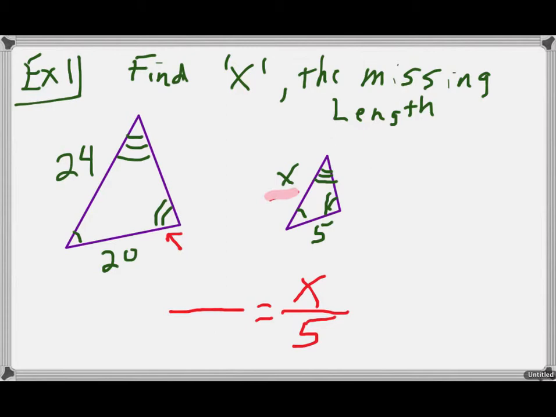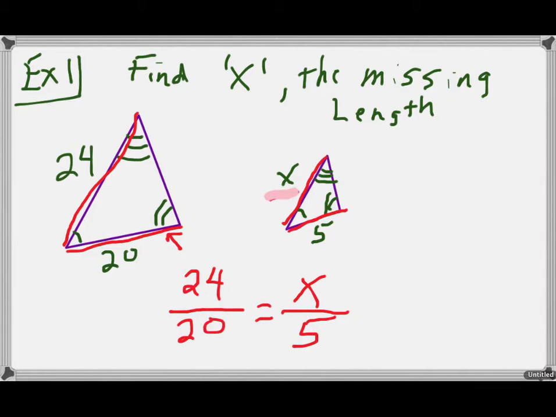Now the corresponding side of x would be 24. If you notice where the angles are in both triangles, they're in the same location. So I'm going to write 24 here. Then obviously the corresponding side of 5 from the little triangle would be 20.